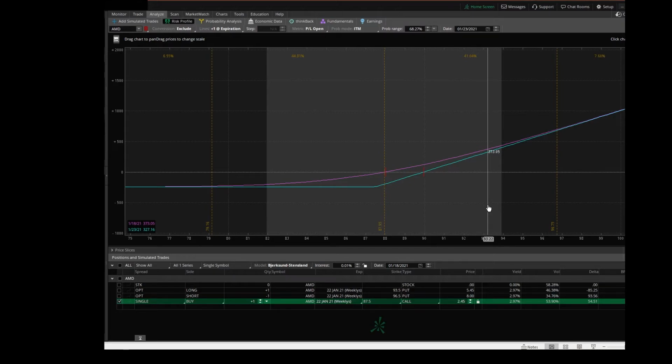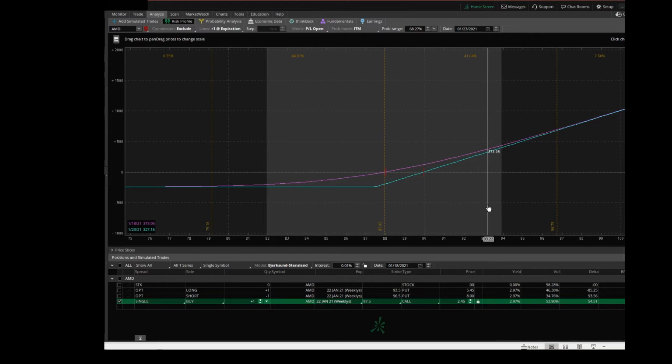Remember earlier when I stated that the pricing of an option includes the premium or the time value of the option? Well, the purple profile here represents the option's current profit and loss curve, taking into account the option's additional premium. As the option gets closer to its expiration date, the purple graph will bend closer and closer to the teal colored graph until it disappears and it merges into the teal graph on the day of expiration.